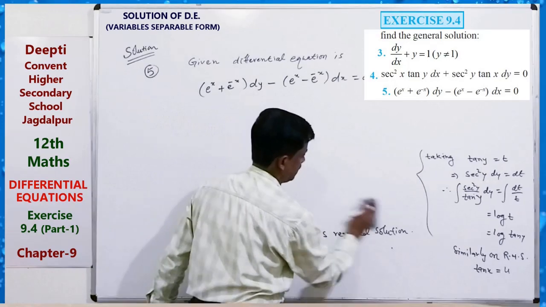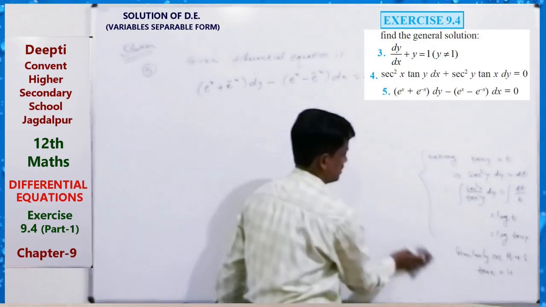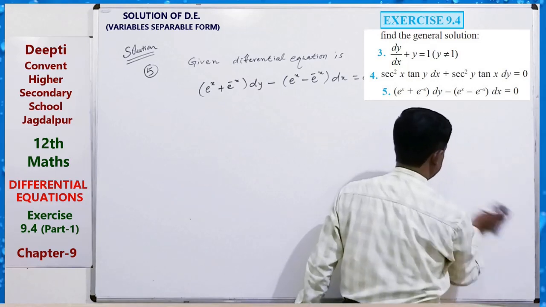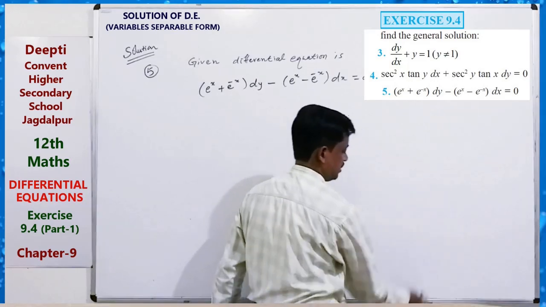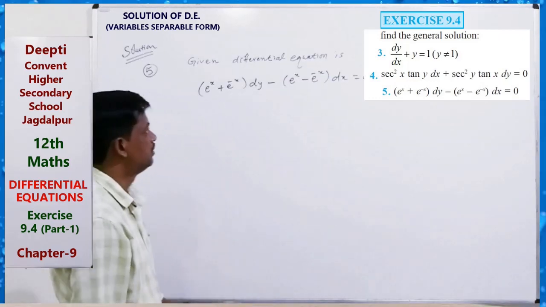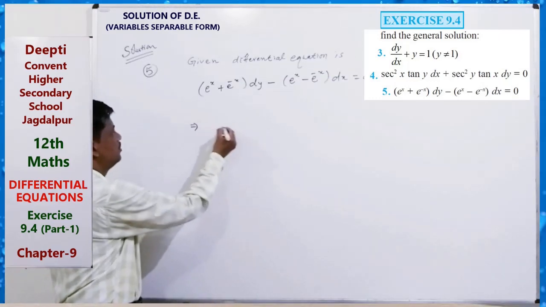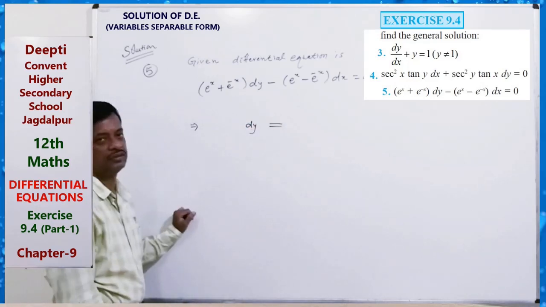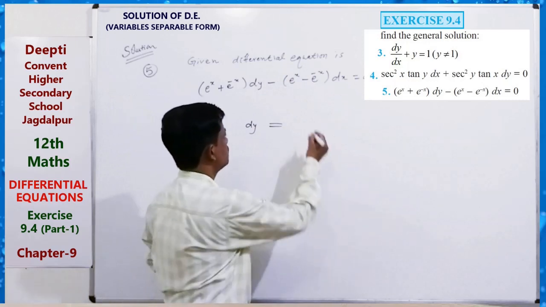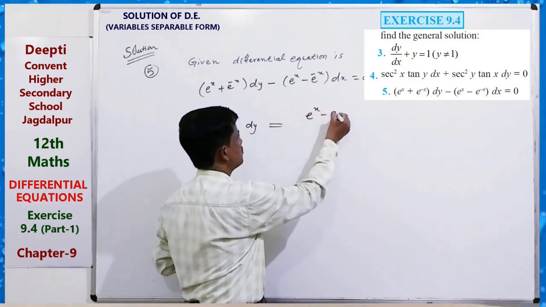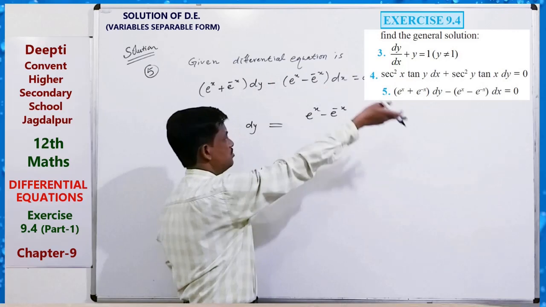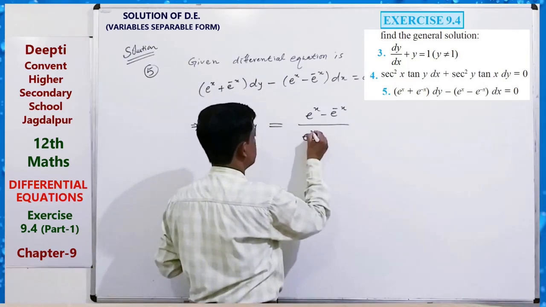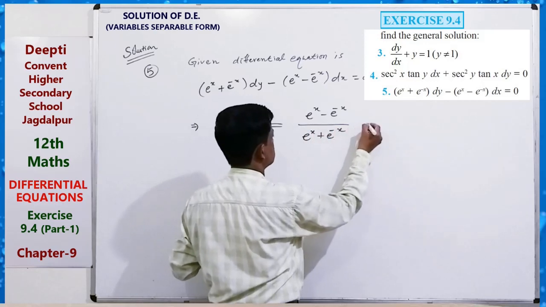Here it is very clear that if we write dy by dx, that will be a function of only x. So we can rewrite this: dy equals to, transferring to the right hand side, e to the power x minus e to the power minus x into dx, and then divide by e to the power x plus e to the power minus x.